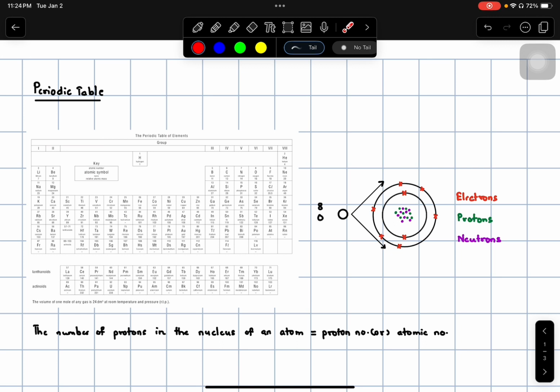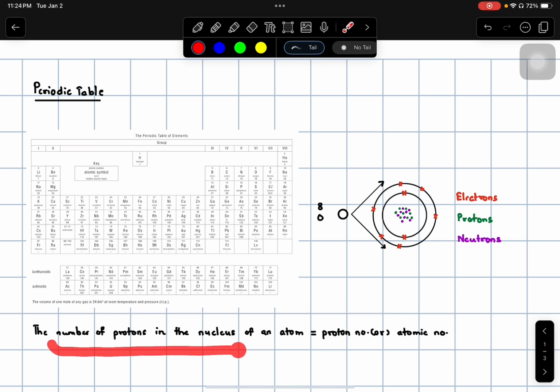And if we count the number of protons, which is in the middle part of the atom, we'll be able to see that there are 8 protons inside it. And because this particle has 8 protons, this atom becomes an atom of oxygen element. In a way, we can also say that the proton number is what defines what an element or a substance is.